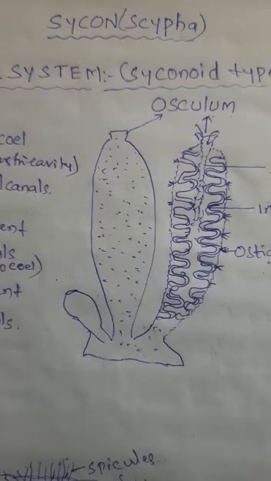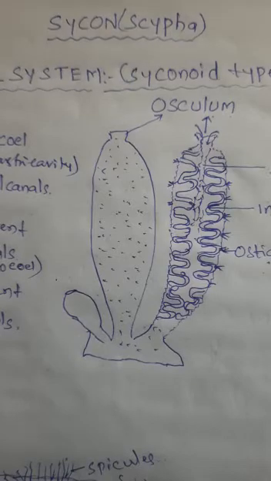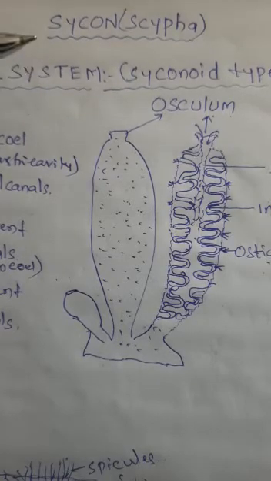Like all other sponges, Sycon also has a characteristic canalic system, also called the syconoid type. This canal system is very important, with water currents that bring food material inside.